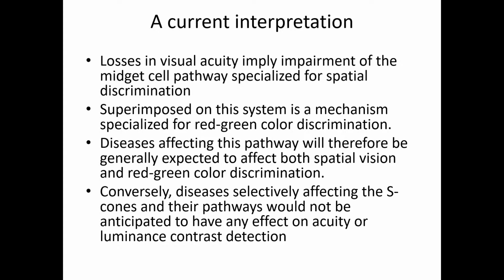Conversely, disease selectively affecting the S cones and their pathway would not be anticipated to have any effect on acuity or luminance contrast detection. So if the patient has decreased vision, definitely red and green is affected, whereas if the patient has selective S cone deficiency, then the patient will have good vision.